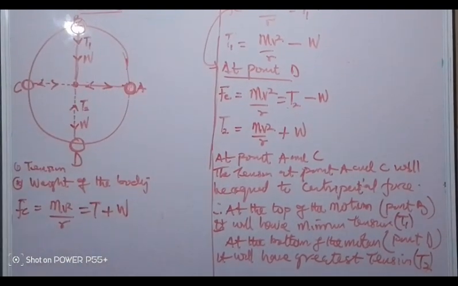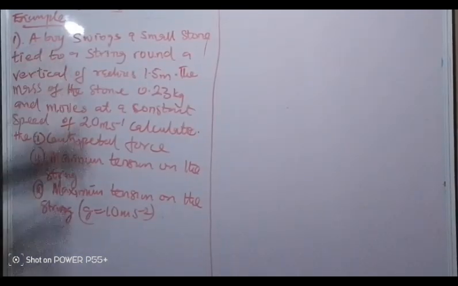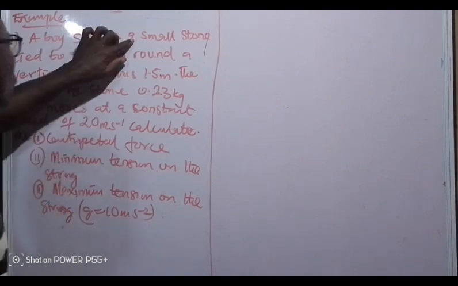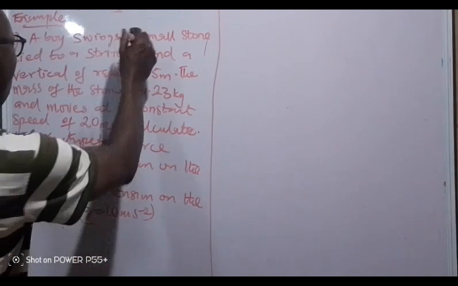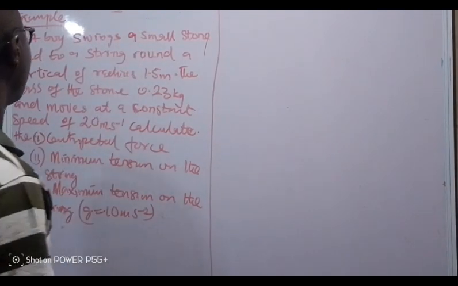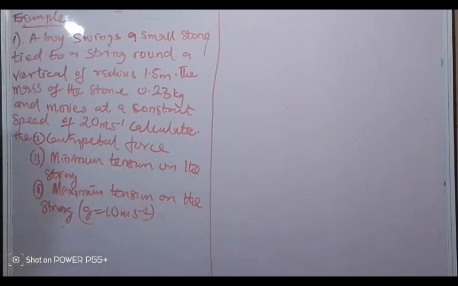Now, let's use these examples to back up the formula written for motion in a vertical circle. Look at the question. A boy swings a small stone tied to a string round a vertical circle of radius 1.5 meter.